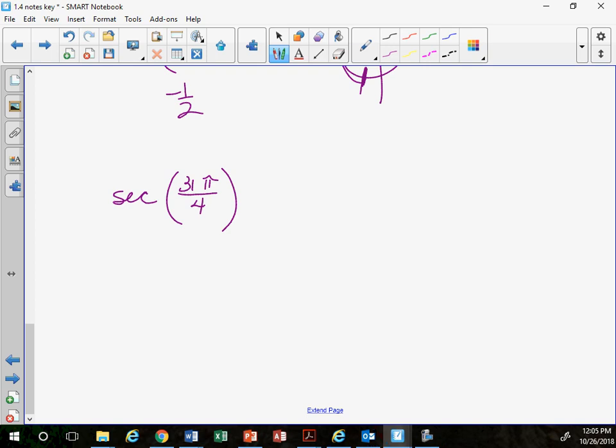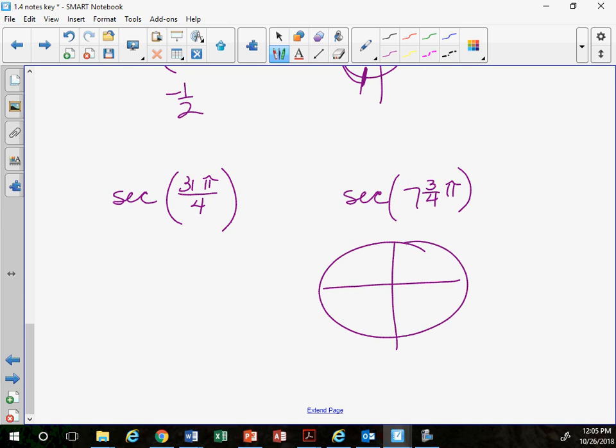How many times does 4 go into 31? 7. So this is the secant of 7 pi over 4. So 7 takes me to here, and then 3/4 would be here.